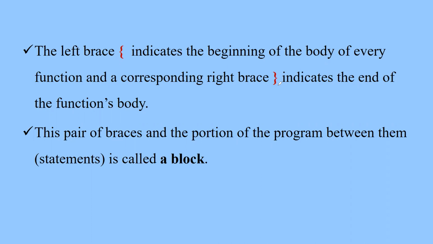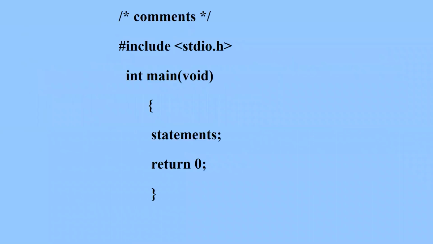In our case, we are dealing with a function called main. So the pair of braces, the left and the right, and the portion of the program between them, that is the statements, is called a block. This is what we are calling a block, my dear students and the rest of the learners.